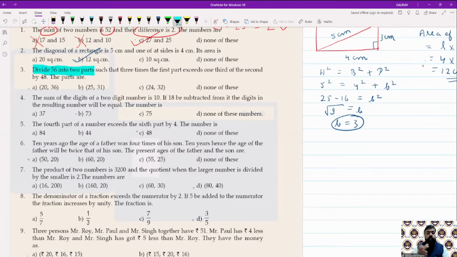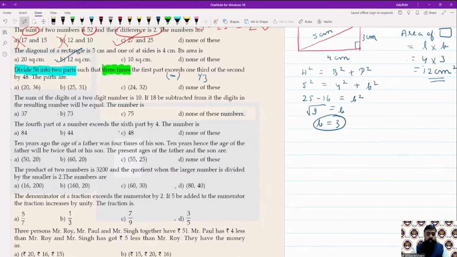So divide this portion into two parts such that 3 times the first portion exceeds, that is the difference, by how much? One third of the second part.